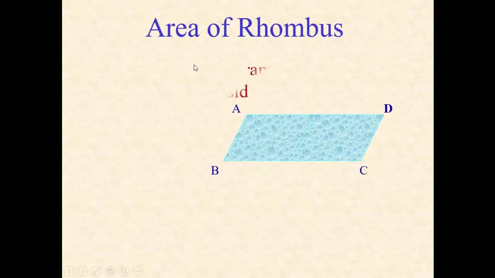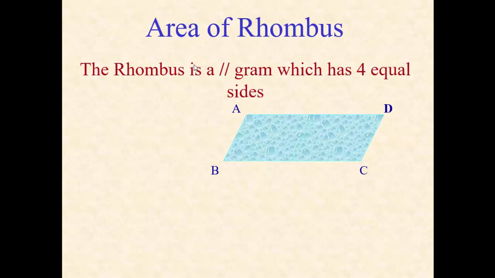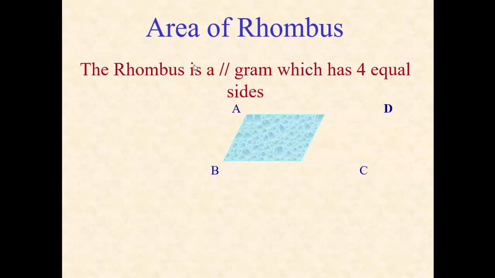Today we shall study the area of the rhombus. The rhombus is a parallelogram which has 4 equal sides.